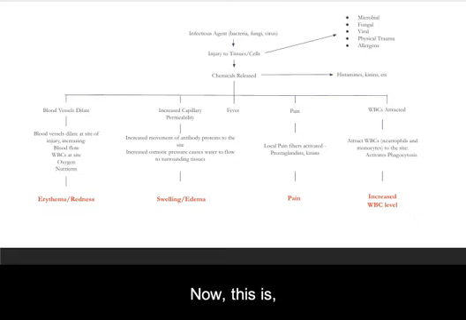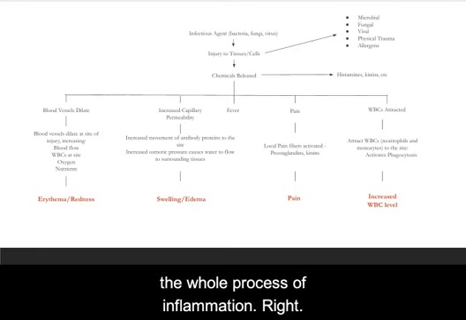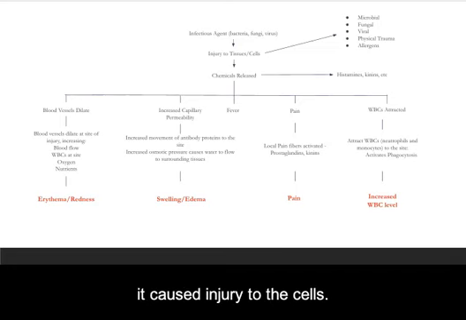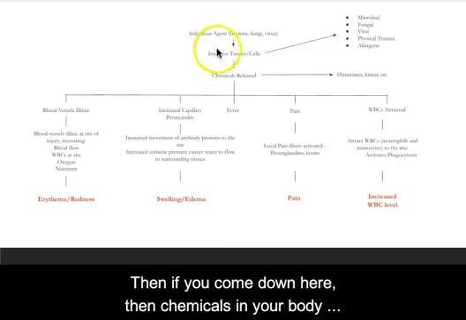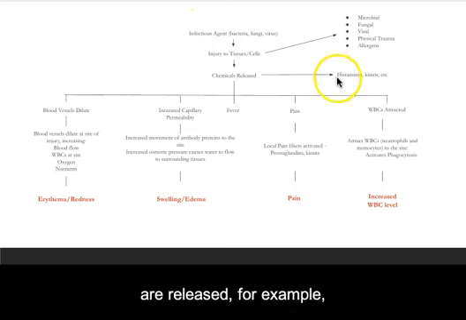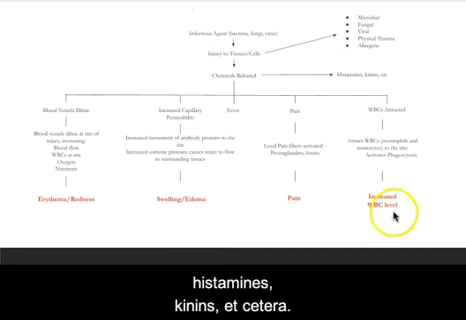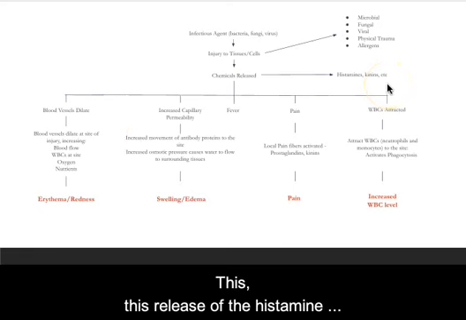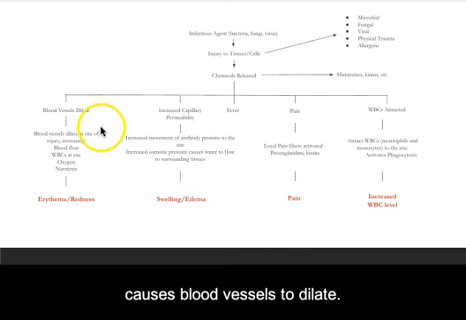Now, this chart here explains the whole process of inflammation. For example, you have the infectious agent. It causes injury to the cells. Then if you come down here, chemicals in your body are released, for example, histamines, kinins, etc. Then what happens? This release of the histamine causes blood vessels to dilate.